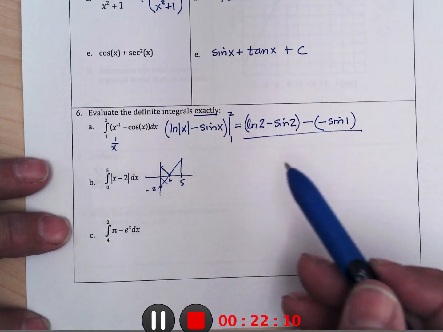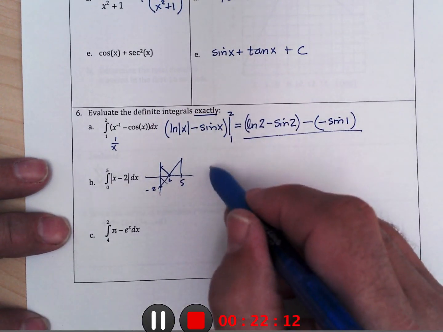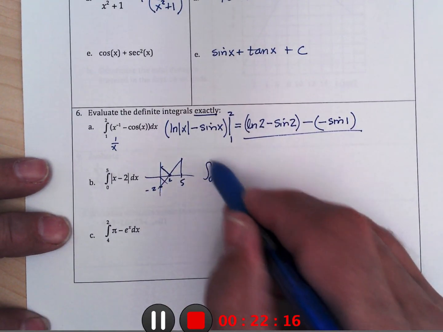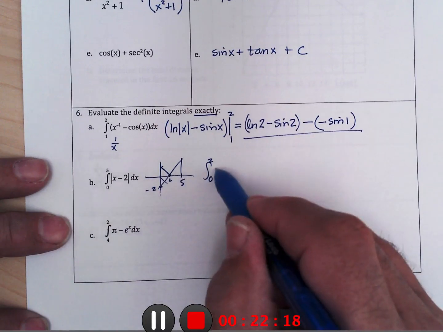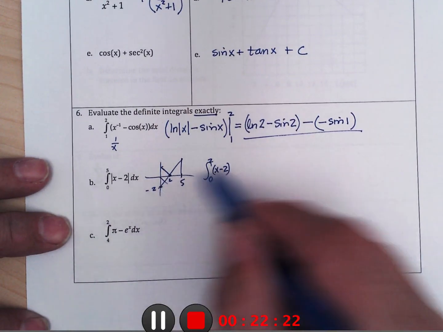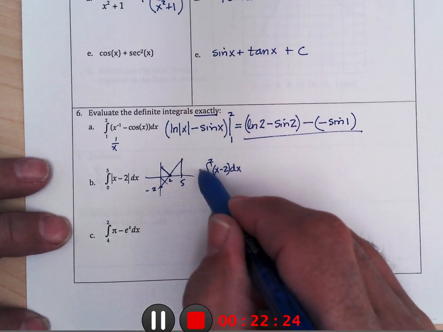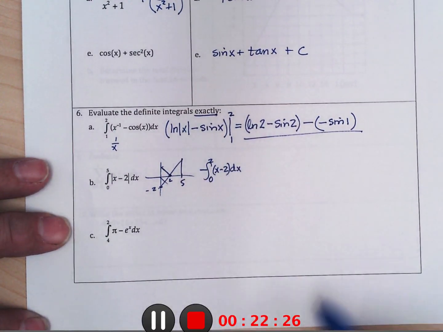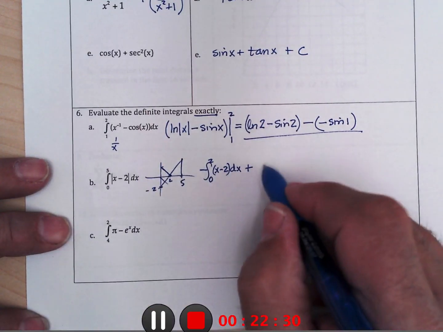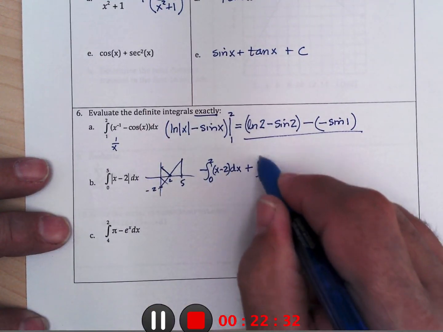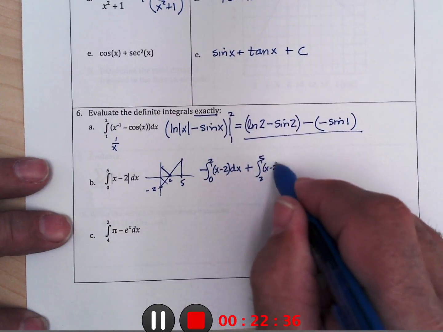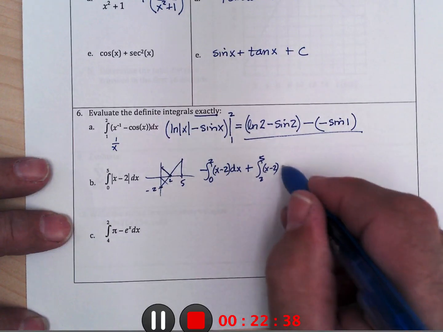So, we would have to go from 0 to 2 of x minus 2, but that would be negative, so I'd have to change the sign. Plus, and then for the rest of the way from 2 to 5, we can do x minus 2, and that will be positive, and so I don't need to change the sign, so I can leave it plus.